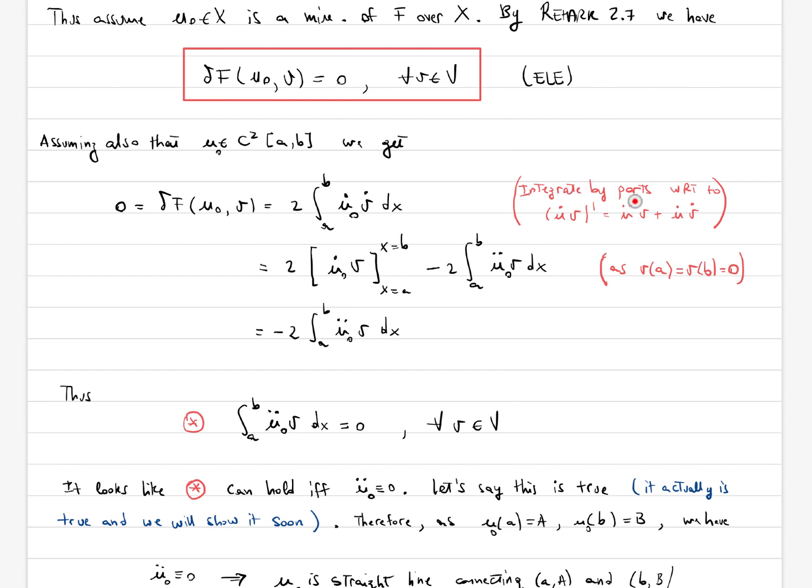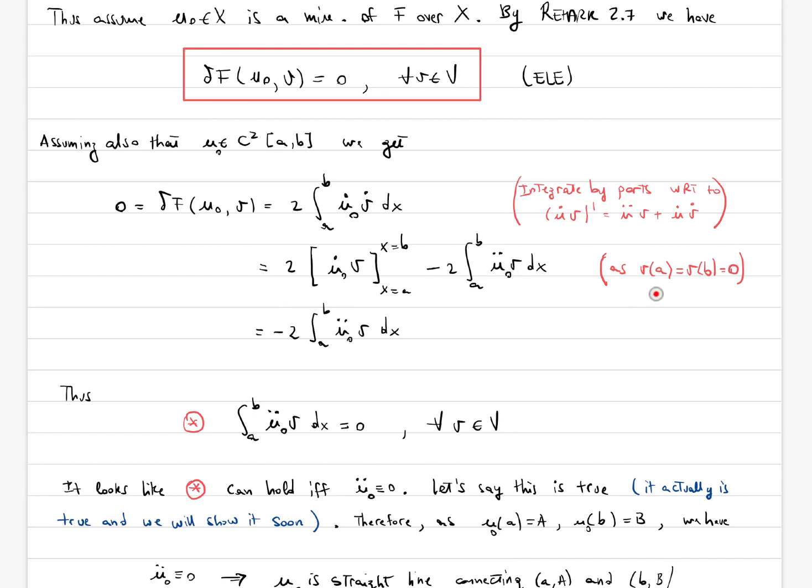The integration by parts is done with respect to this differentiation here, u0 prime times v prime, and you get u0 double prime times v plus u0 prime times v prime. So using this one, you end up with twice u0 prime times v evaluated at the extreme points of the interval AB minus twice the second derivative of u0 times v.